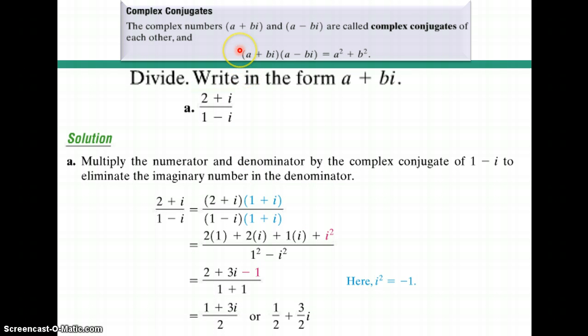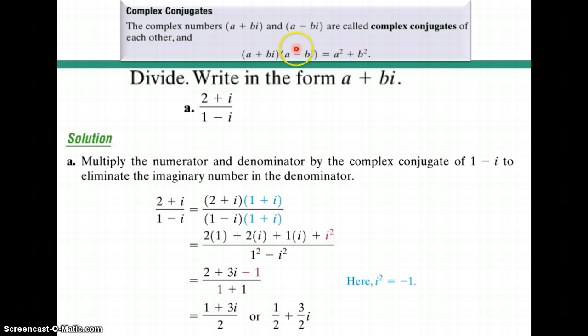The complex numbers a plus bi and a minus bi are called complex conjugates. So the product of the complex conjugates, a plus bi times a minus bi, equals a squared plus b squared.